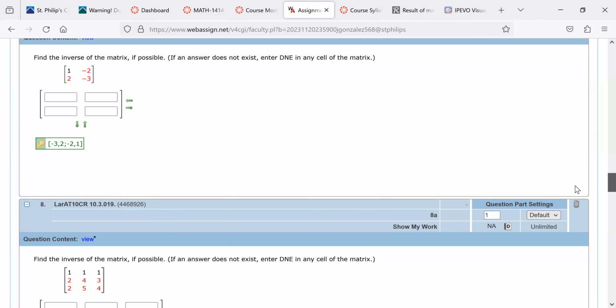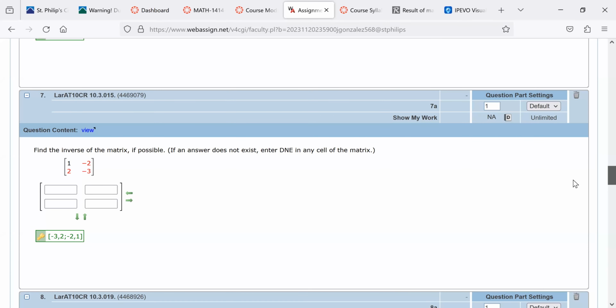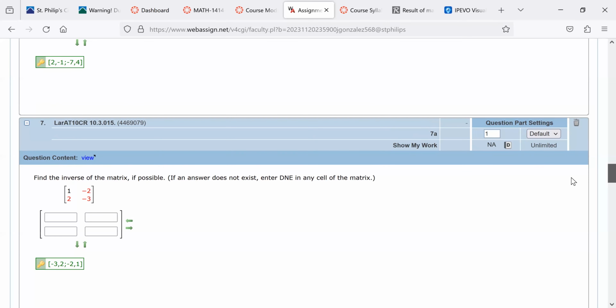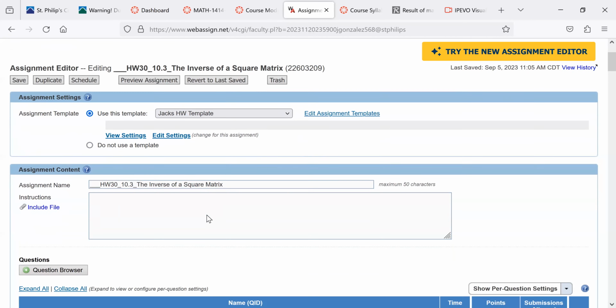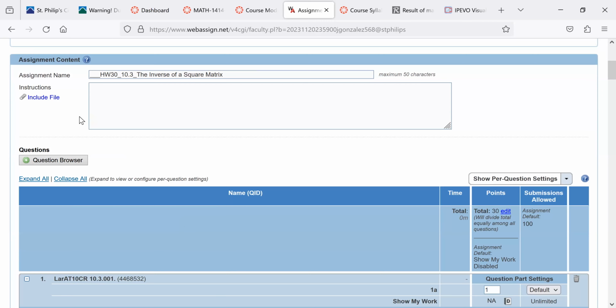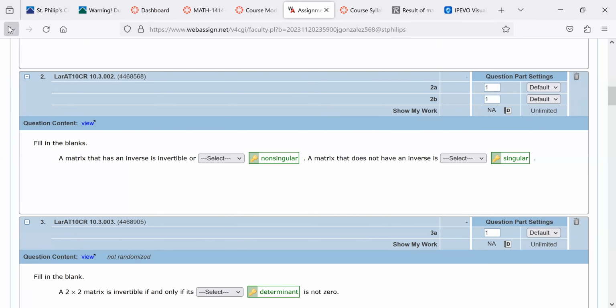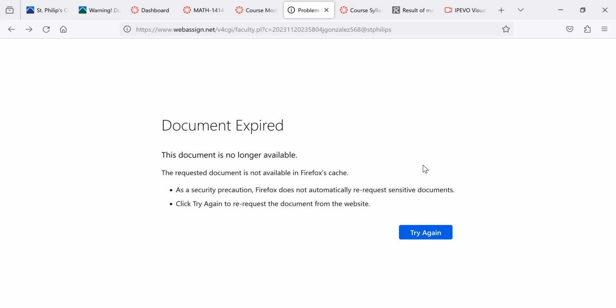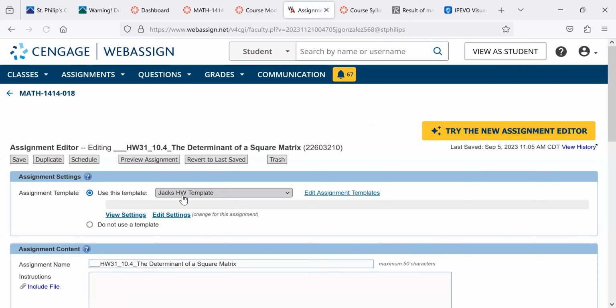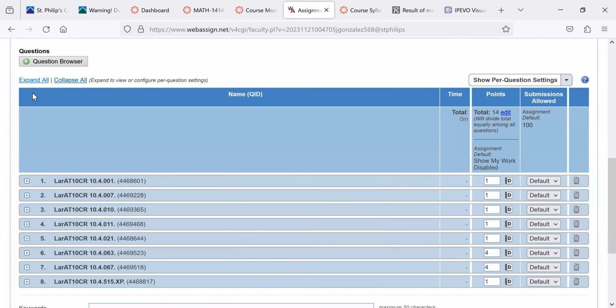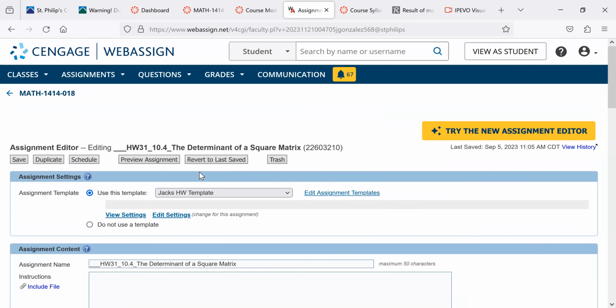If you looked at the notes, it's not guaranteed to exist. Okay, let's move on then.